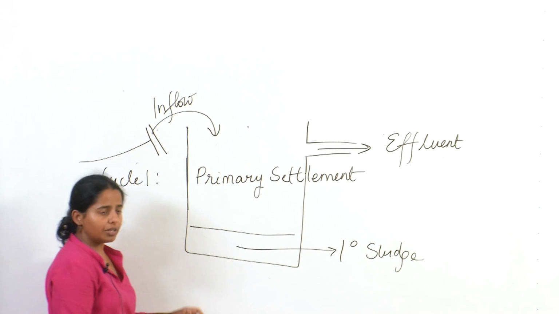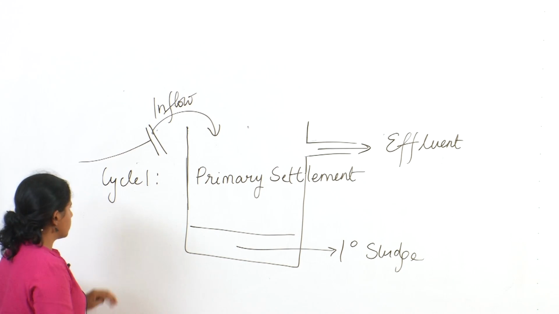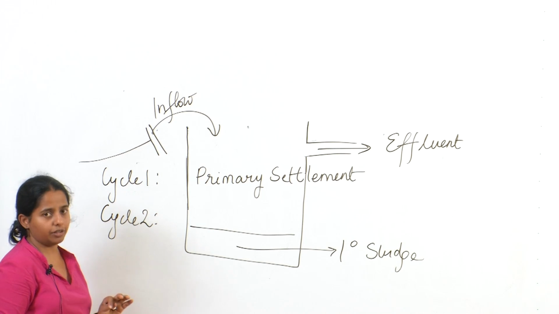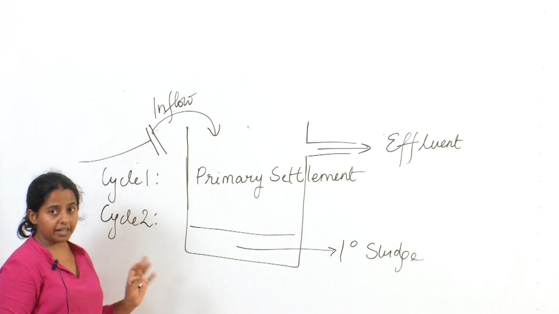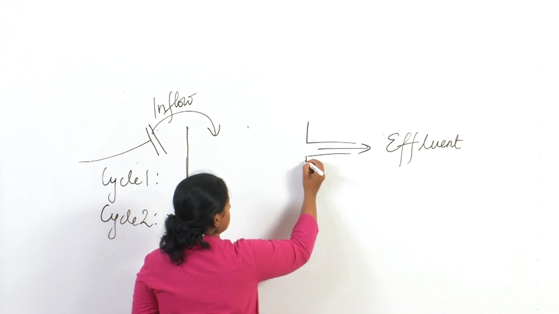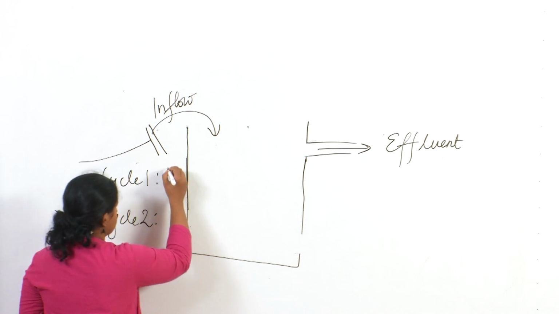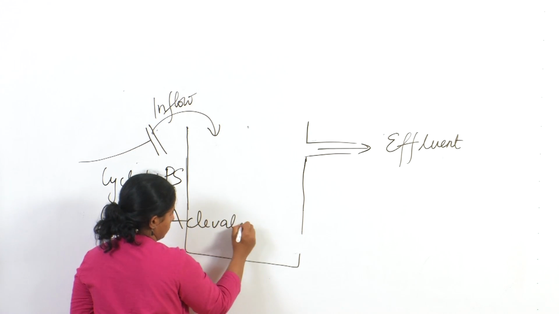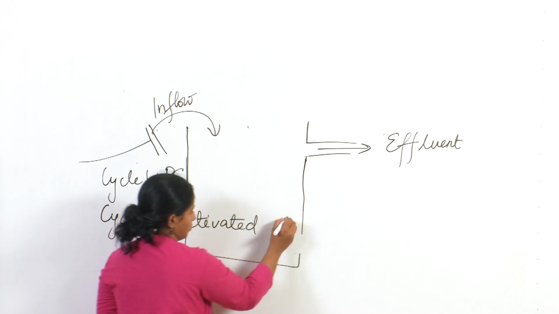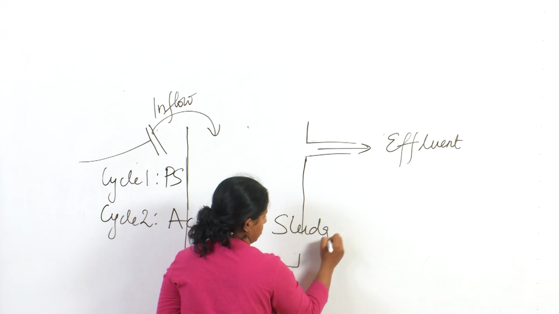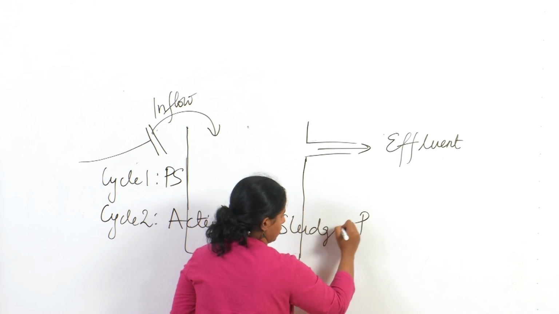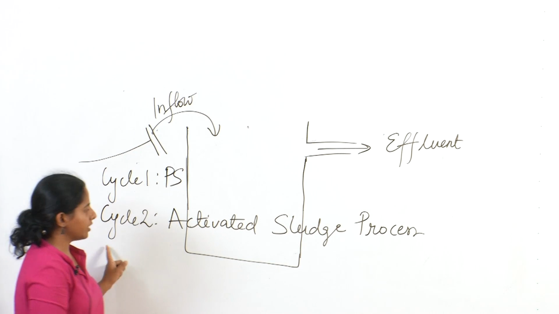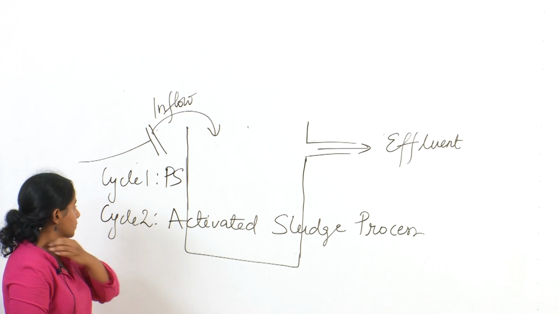Okay. Now once this has been done, begins the cycle 2. Now in the same tank cycle 2 will be carried out. If you remember, the cycle 2 is activated sludge process. So the second cycle will begin after the end of cycle 1, which is primary settlement.